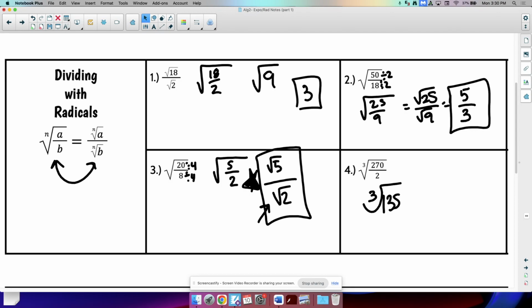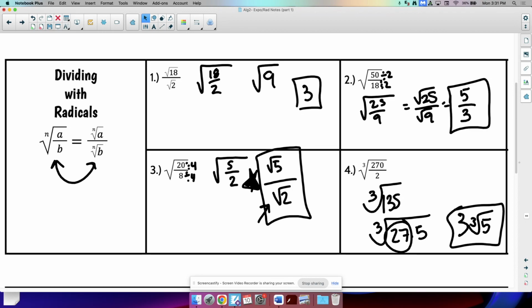So we start dividing. 135 divided by 125, divided by 64, we get a decimal. 135 divided by 27. Hey, we get a whole number. So we reduce our radical. 135 is 27 times 5. When this 27 comes out, we look on our sheet, the cubed root of 27 is 3, and then we still have the third root of 5 left over.